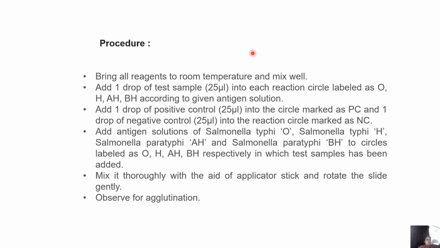All the reagents are first thawed to room temperature and the test sample, which is the sample taken from the patient, is taken, and the positive control is marked as PC, the negative control is marked as NC, and all the antigen solutions are added to it in various dilutions and ratios, and then these are mixed thoroughly with the help of an applicator and rotator, and then basically agglutination is checked for.